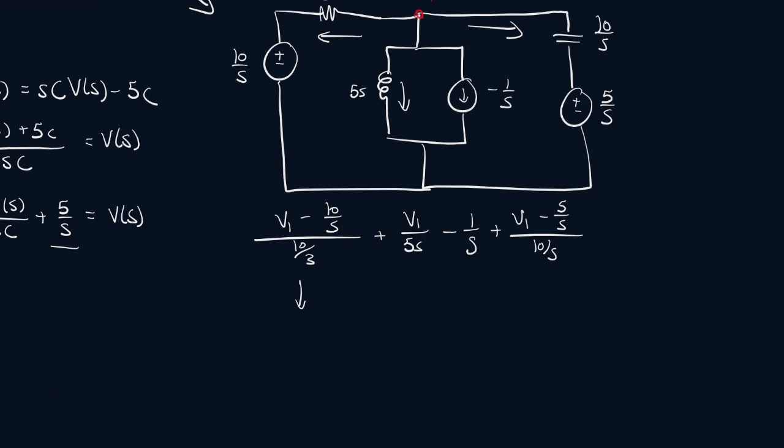So this part turns into 3 over 10 V1 minus 3 over s, plus V1 over 5 times s minus 1 over s. And then this, what should this turn into?